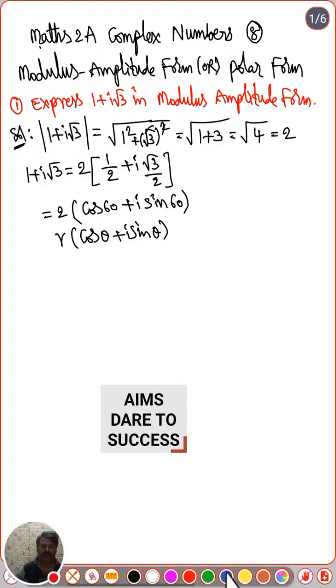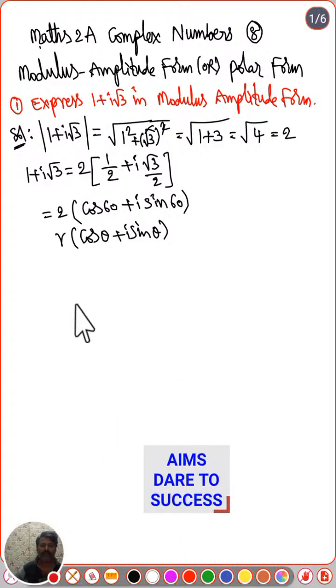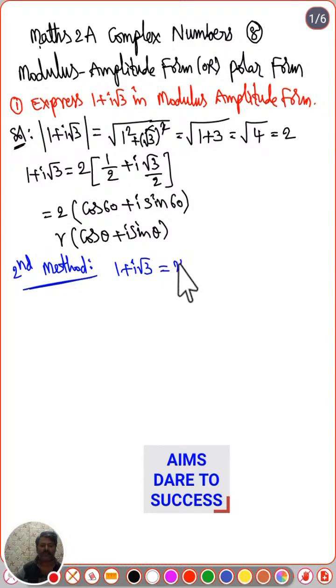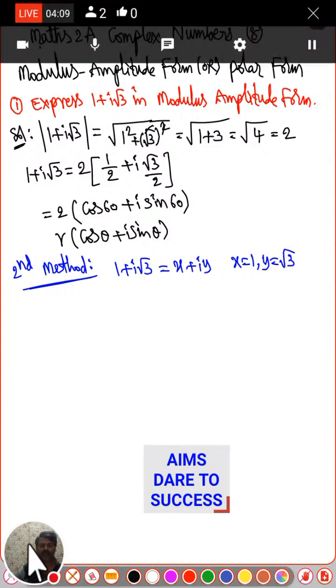Now I will explain another method. Okay, second method. First of all, same given value is 1 plus i root 3. This can be written as x plus iy. Here x is equal to 1, y is equal to root 3.